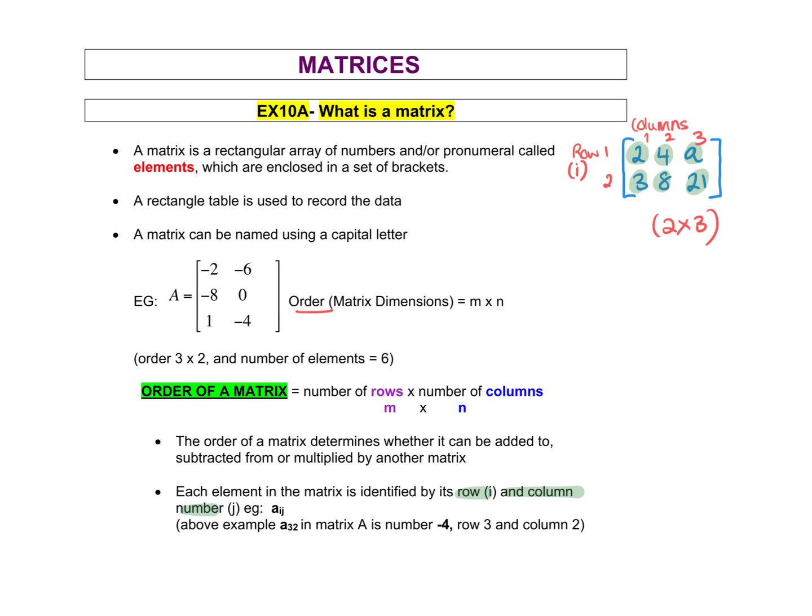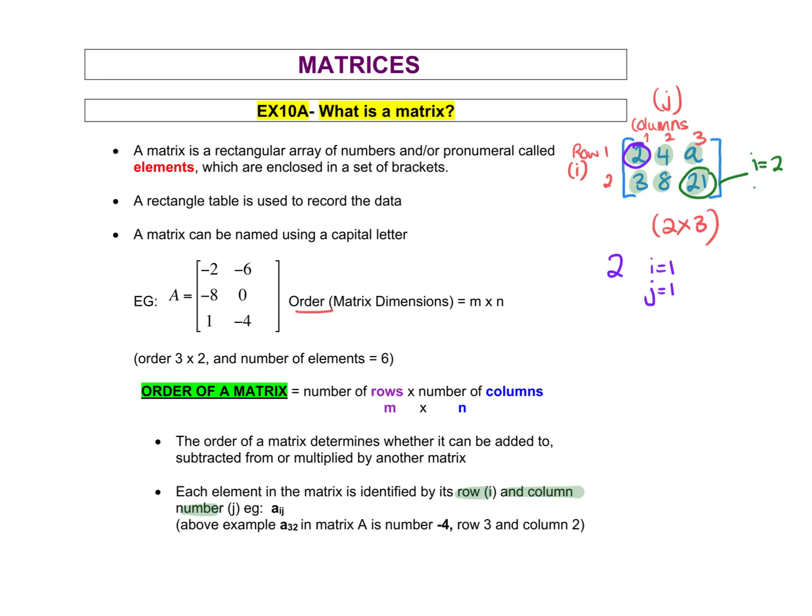So say this element up here, number 2, i would equal 1 because it's in row 1. And when they talk about the column, they refer to it as the j number. So if you talked about this number 2 up here, the j would also be 1 because it's in column 1.